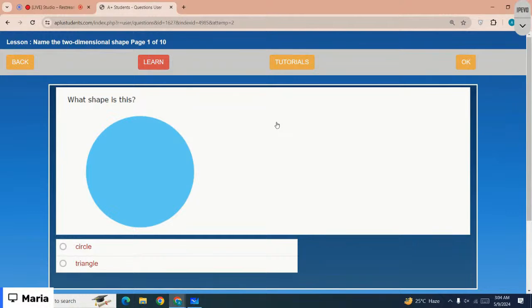Yes, that is a circle. That is a round shape, so that is the circle option. Number one is the correct option.